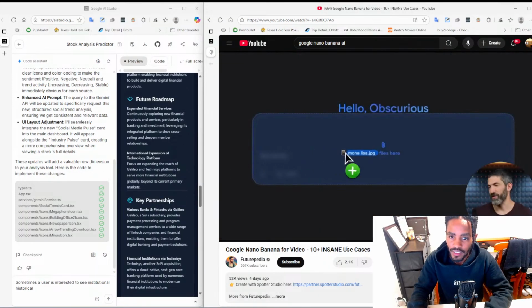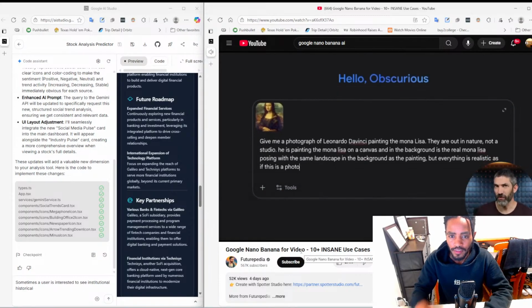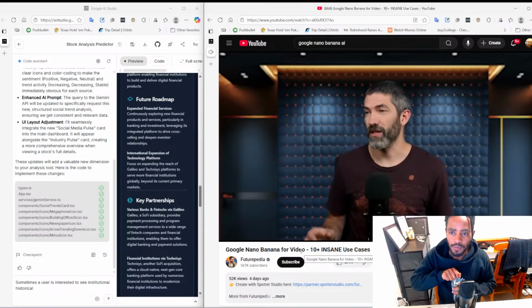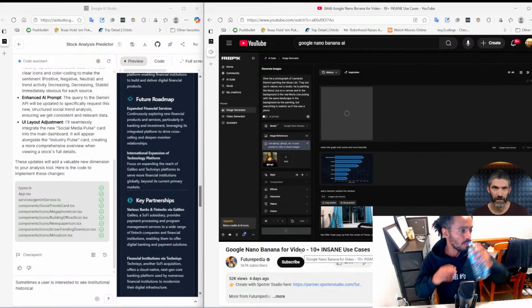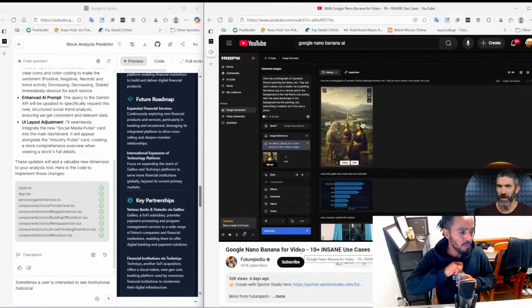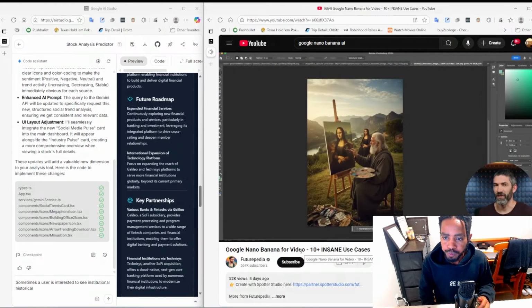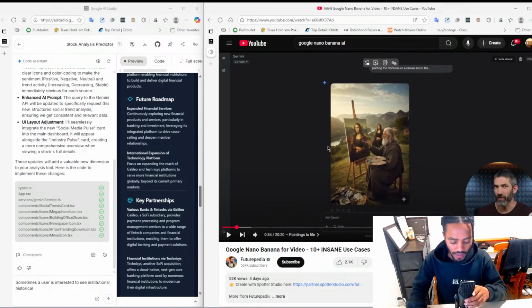A really easy one I thought was pretty fun was taking famous artwork like the Mona Lisa, then I'd drag it in and ask for it to zoom out to show what it would have looked like while Da Vinci was painting it. I'm using Nano Banana in Gemini, by the way. You could also use it in Google AI Studio, completely free, or there's platforms like Freepik that have it integrated. A benefit of platforms that have the API integrated is it will come back without the watermark, although it only takes a couple seconds to get rid of with generative fill in Photoshop if you wanted to. But I used that same prompt, just changing the name of the art.